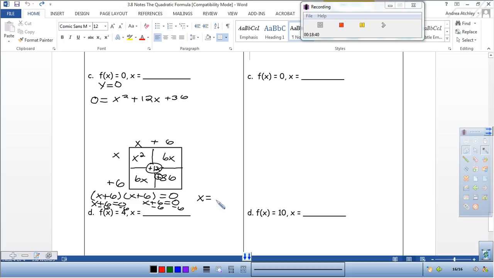I just have to have one answer. So f of x equals 0, x equals negative 6. Any questions over that? Okay. So now we're giving another one.